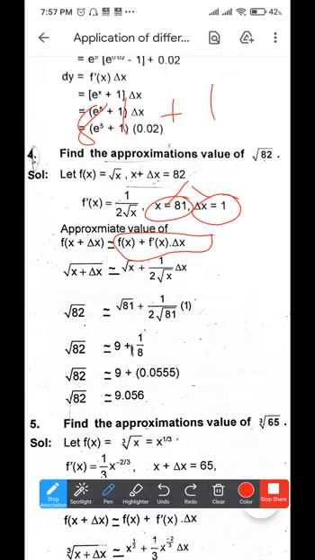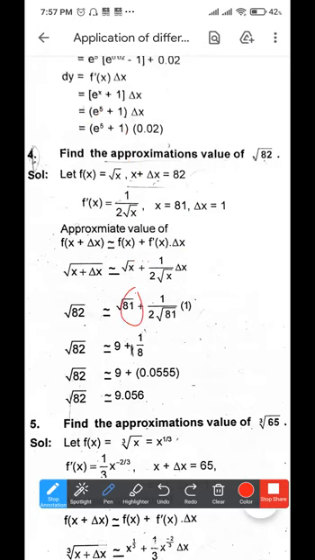f of x is equal to root x and f dash of x is nothing but 1 by 2 root x, and delta x is delta x. We substitute all the values. Now what is root x? Root x is nothing but root 81. What is delta x? Delta x is 1. Now simplify.